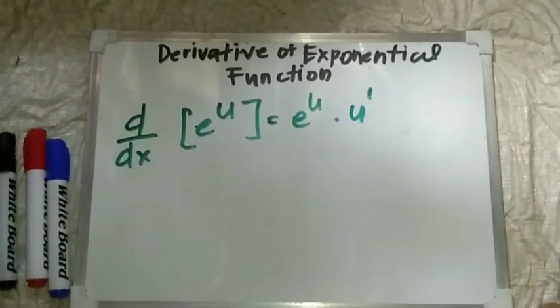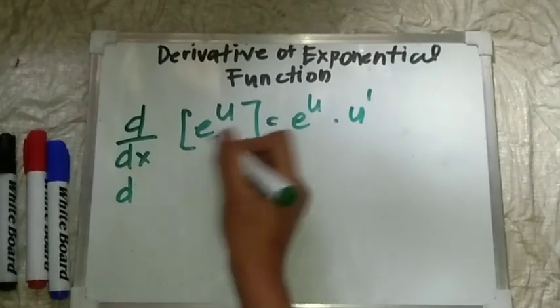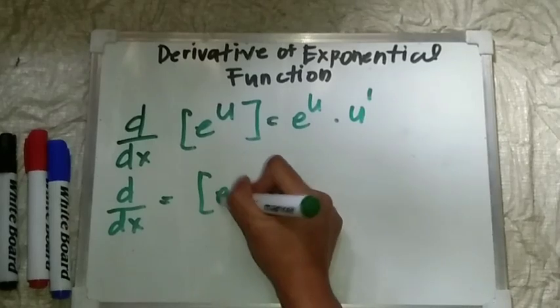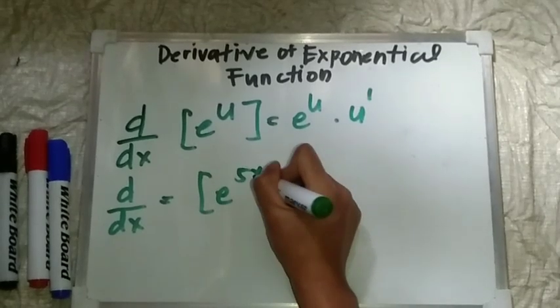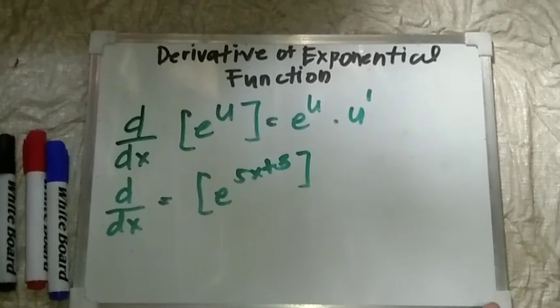Now let's find the derivative of this expression using the formula. f of x is equal to e to the 5x plus 3. First let us rewrite the expression.